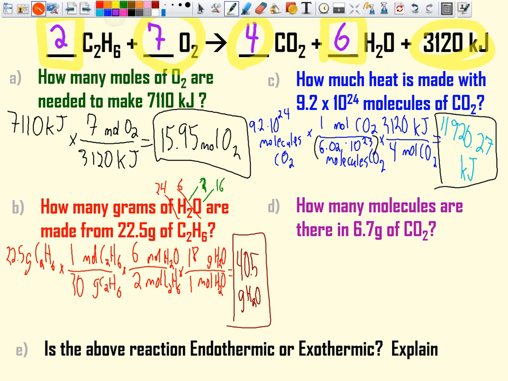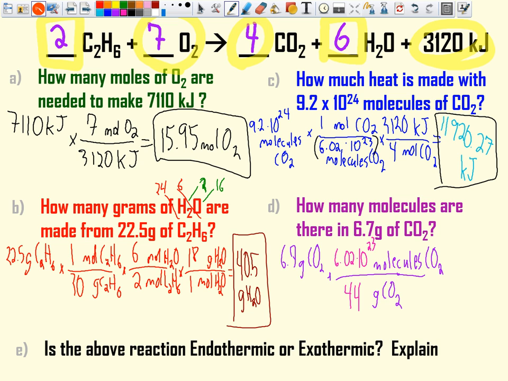Moving on to our last question. We start with 6.7 grams of CO2 times line, grams of CO2 down. Now we can go directly from grams of CO2 to molecules of CO2 using our transitive property, meaning that our 6.02 times 10 to the 23rd molecules, which is a mole, is also equal to the molar mass in grams, again, equal to a mole.